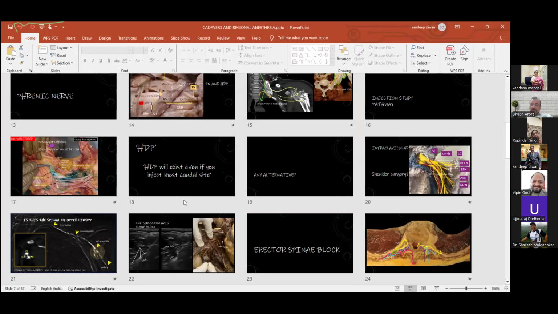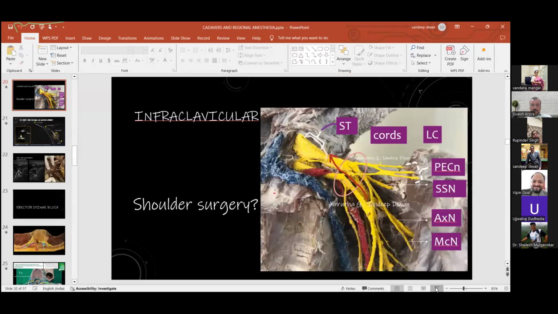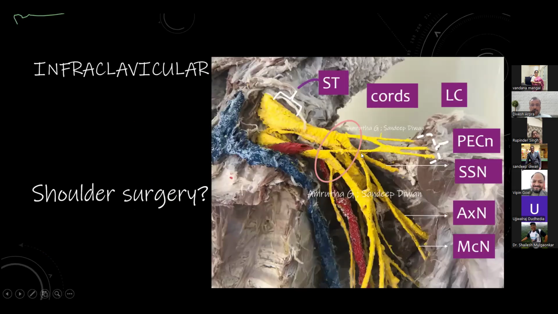So for shoulder surgeries, what we do is we give an isolated suprascapular nerve block when it departs from the posterior division of the superior trunk, and we give it more posterior and lateral, and we give around 4 ml here. And 7 ml of local anesthetic is given at the level of posterior cord, between the lateral cord and the posterior cord.